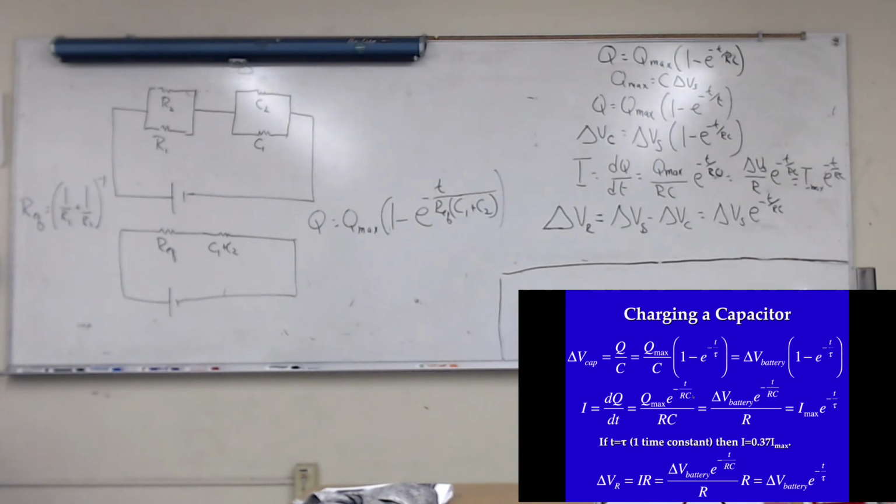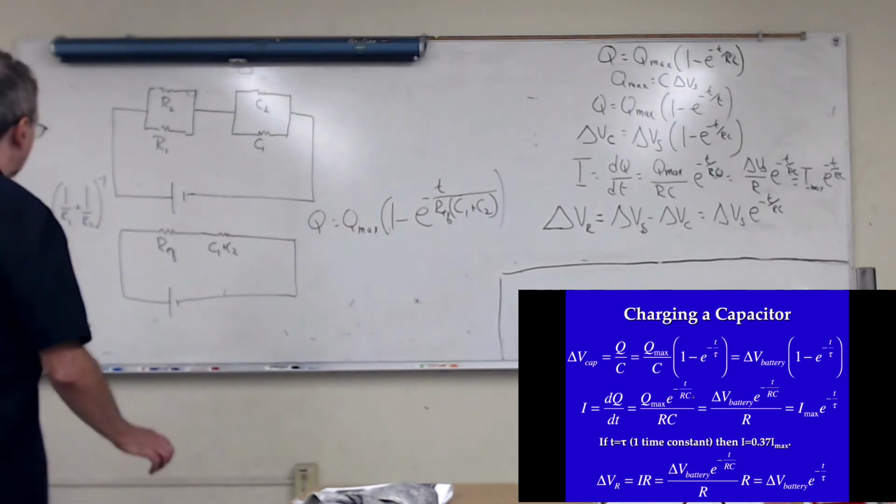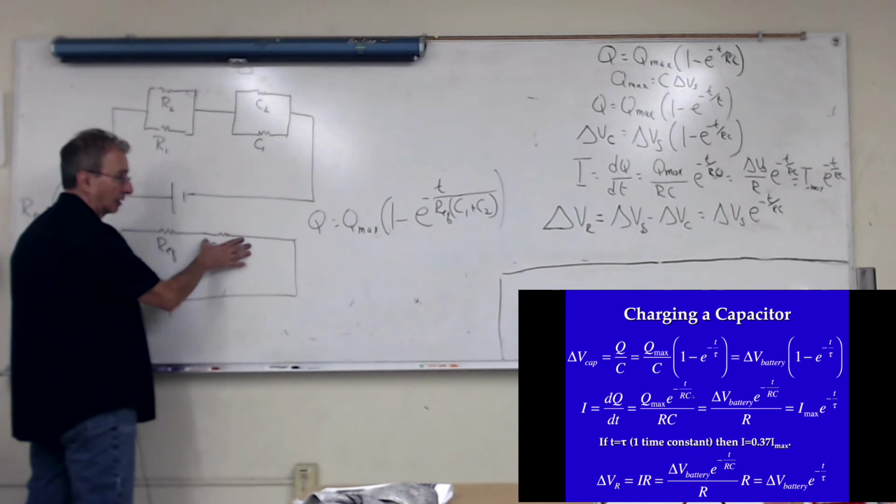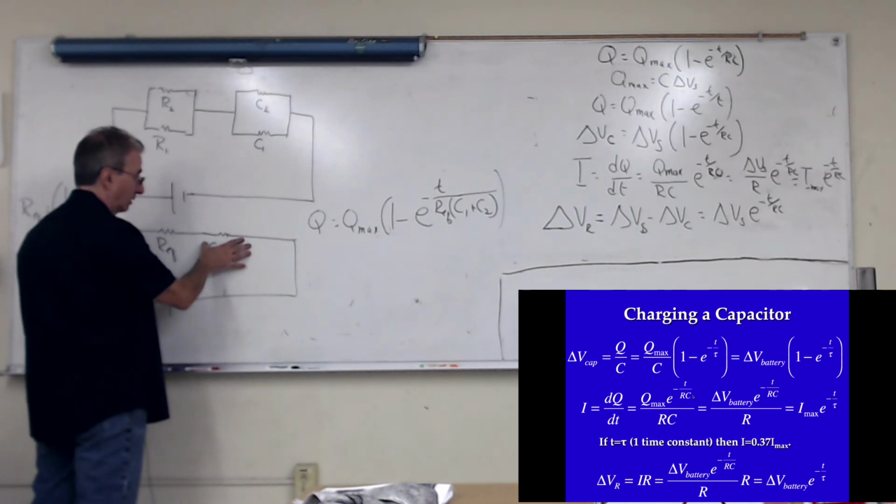So now you've got the equivalent resistance and the equivalent capacitance in series with each other. Okay. So I was wondering about the separate voltages between those two. The separate voltages across this one? Yes. And then, well, that one in particular for this problem, yeah.